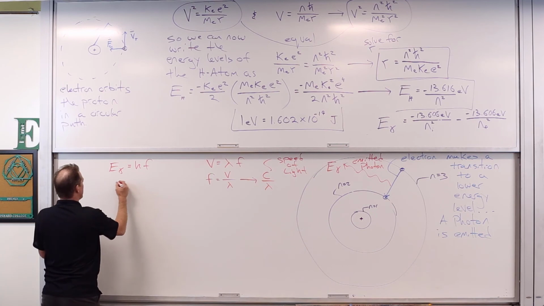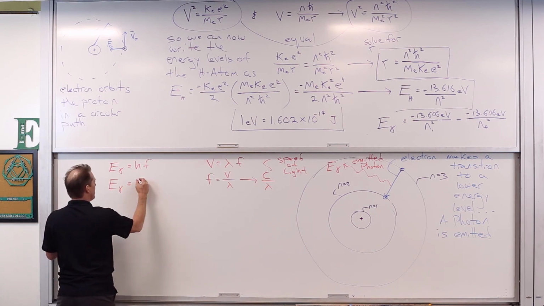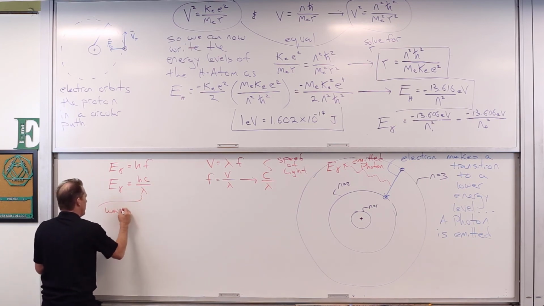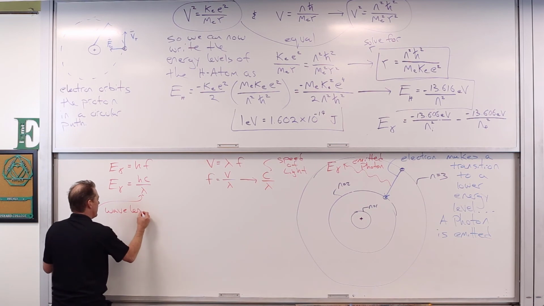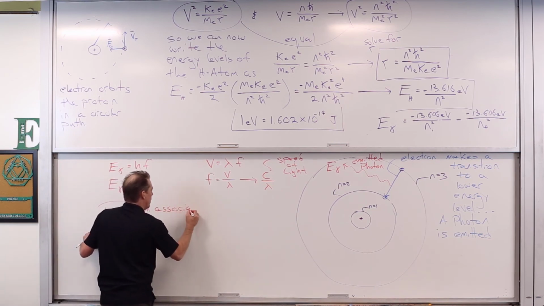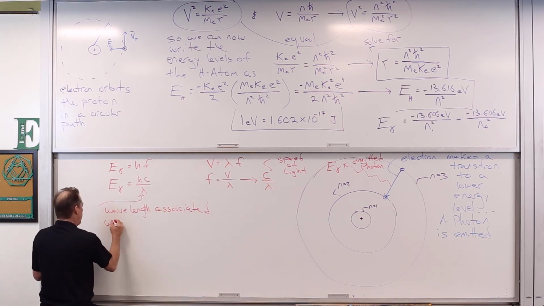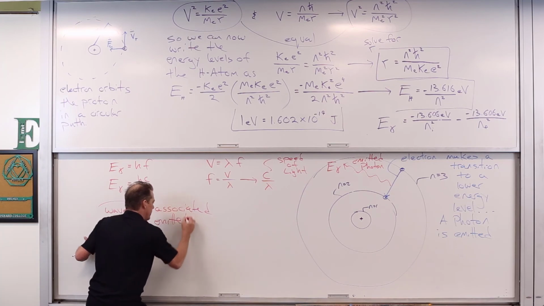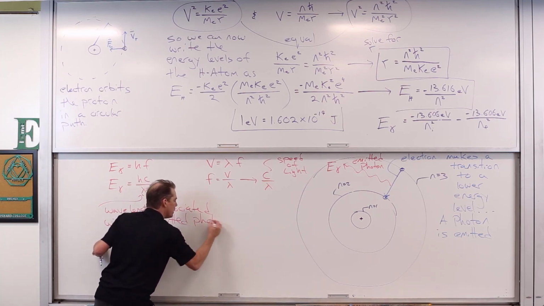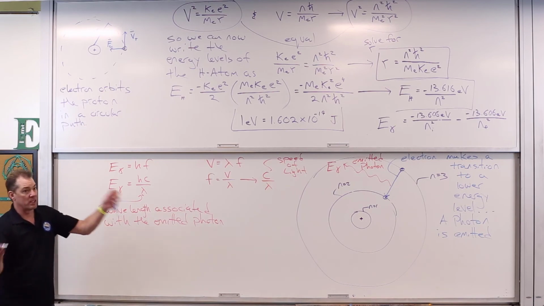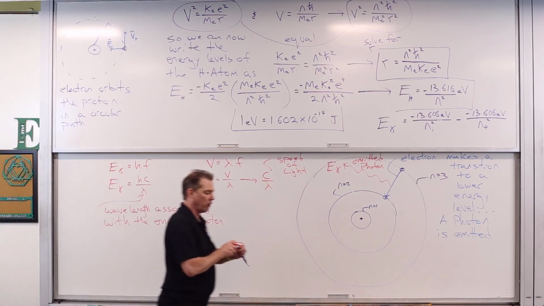Then we can write E sub gamma is equal to hc over lambda. And that is the wavelength associated with the emitted photon, which correlates with, well, if it's in the visible spectrum, a particular color of light.